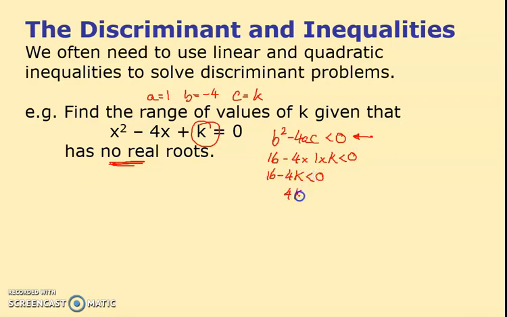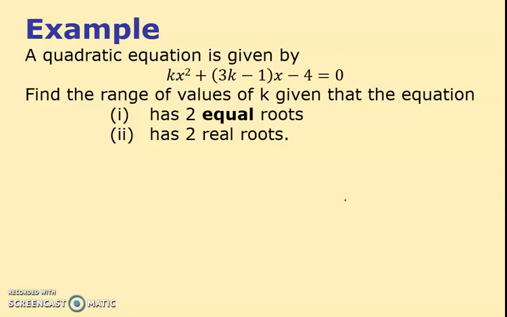So what I need to do perhaps is move the 4k over. So I'm going to write 16 is less than 4k. I don't like it that way round though. But when you switch inequalities around, you have to change the sign. So it means 4k is greater than 16, or k is greater than 4. That's what they want you to write here. K is greater than 4.